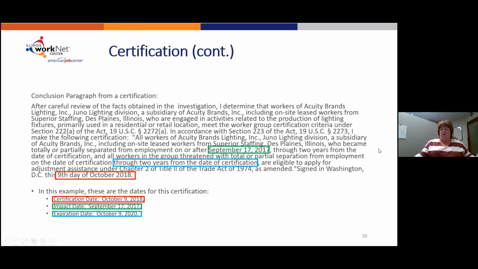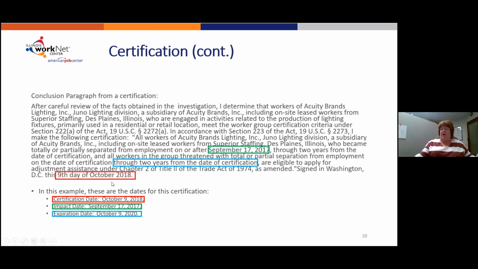Through 2 years from the date of certification, and all workers in the group threatened with total or partial separation from employment on the date of certification, through 2 years from the date of certification. Okay, so there's your expiration date, and I should have done the certification date. The certification date is this date.